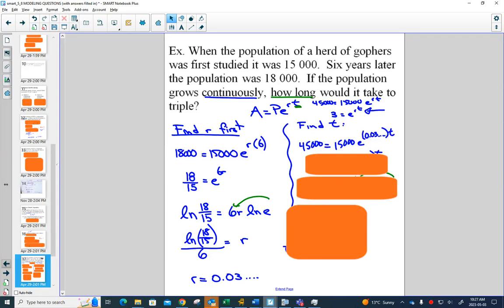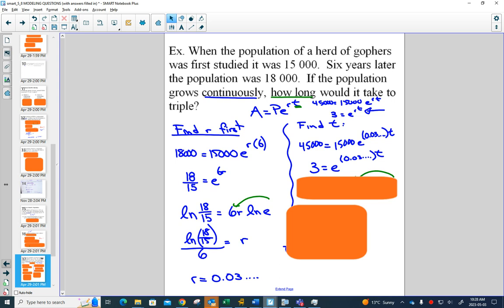And again, students will ask, should I put the 15,000 here or the 18,000 for tripling? It doesn't matter. Because when you divide and get the power by itself, you will always get 3 when it's tripling. Okay? But that can be a place where you get stuck and feel like, what should I do? I don't know what I should do.